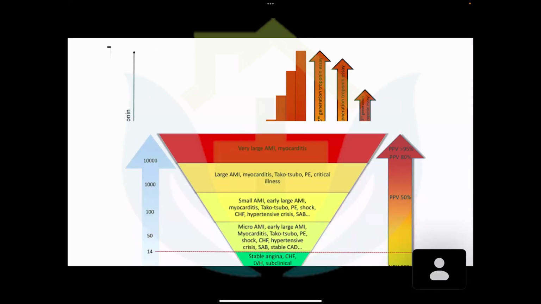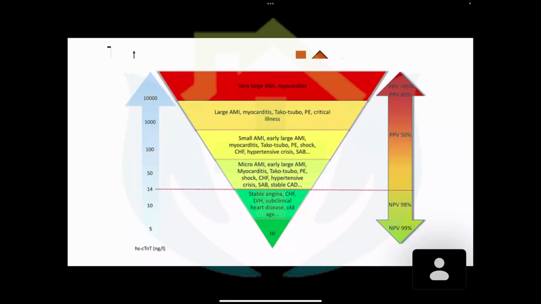Yes, and what about HS troponin? HS troponin has got a negative predictive value of 99%. So if it is less than the normal range or within the normal range, then the negative predictive value is very high. Otherwise, if it is a very large AMI, if it is in the 10,000s or thousands, then the positive predictive value is very high.